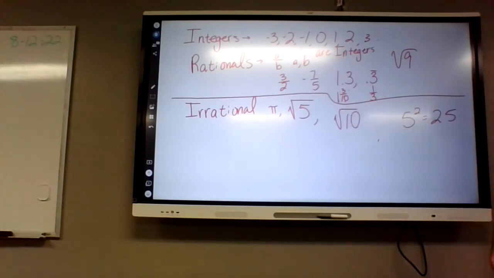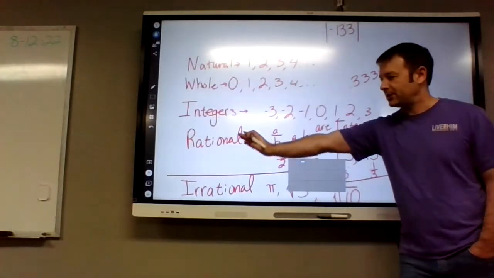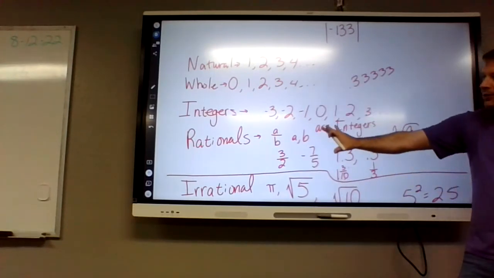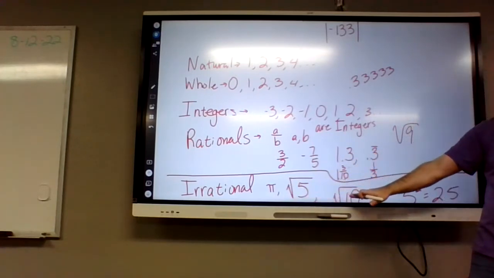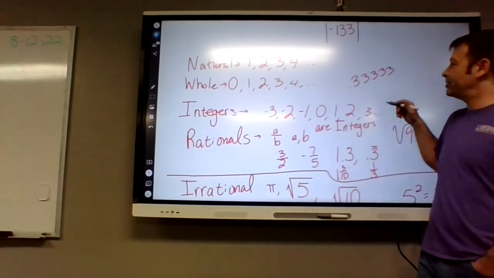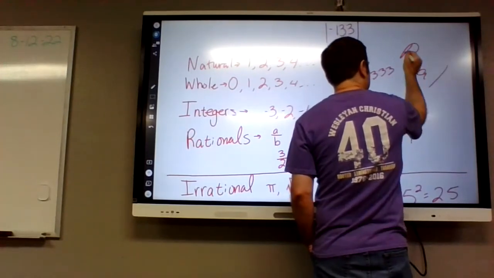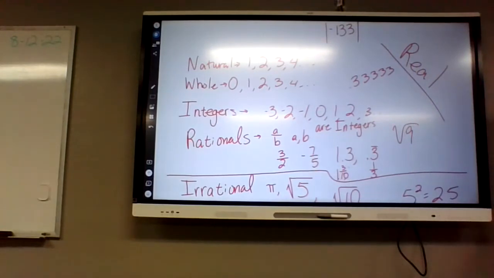Anyways, all these numbers combined make up all the numbers you've ever seen. All these go together in the rationals group, and the leftovers are called irrationals. Everything put together, rationals and irrationals, are called real numbers. Now, if all these are called real numbers, that begs the question, what question should follow that?